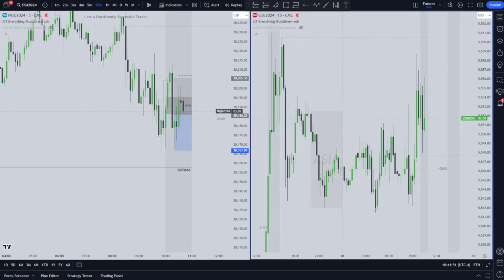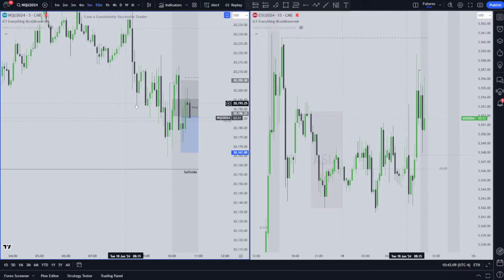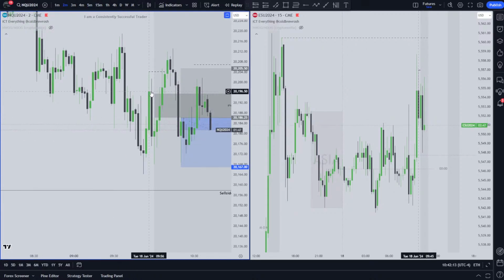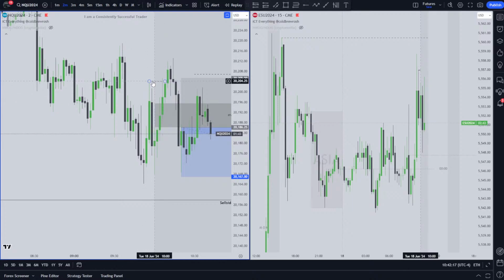Oh snap, she re-entered. Wait, what? Let me see this. Oh, she did. You're right. Ah, see, this is what she did. Let me quickly recap. On this 2 minute chart here, I said that this wasn't enough of a sweep and I was looking for this here.